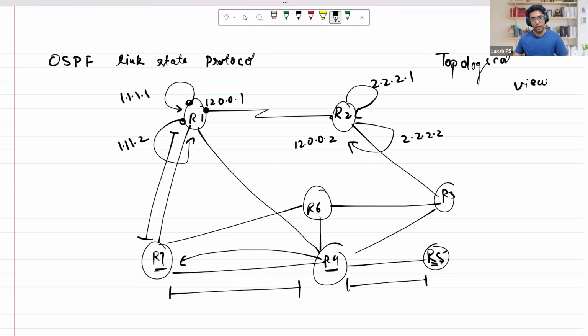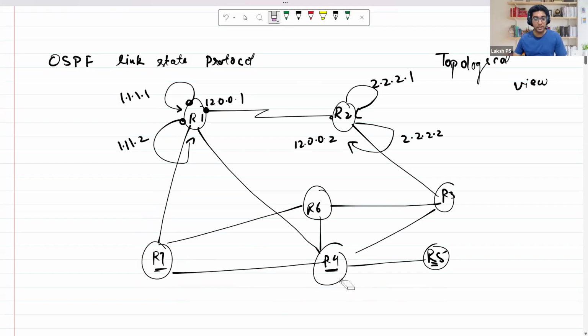In this way, when all routers are completely connected through OSPF, they will know about each other's database, thereby having the whole topological view of the network. This is the main advantage of using OSPF.